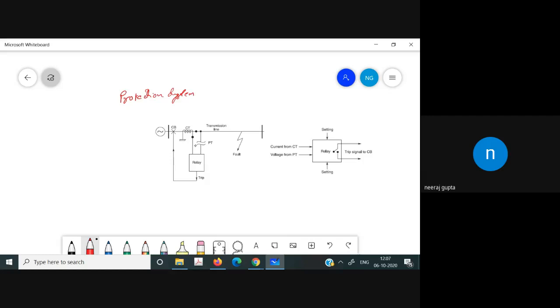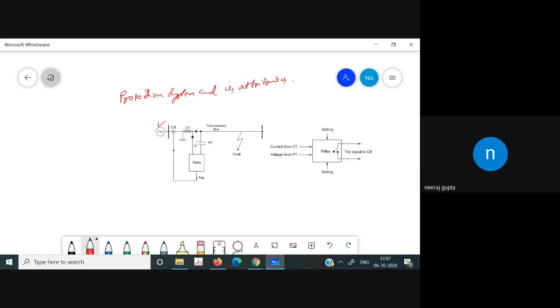Today we will discuss the power system protection system and its attributes. So let us suppose that we have a system.